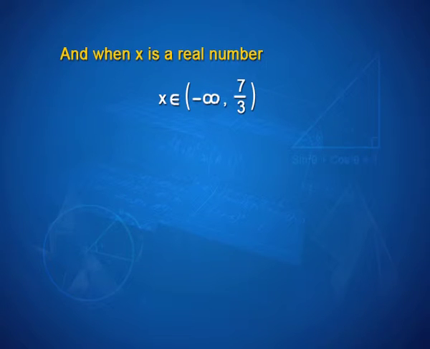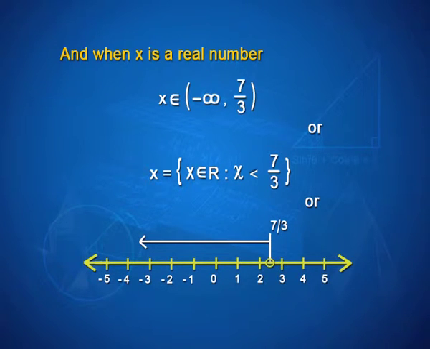In the set form, x belonging to R such that x is less than 7 by 3, and on the number line it would be written as a hollow circle at 7 by 3 and the arrowhead pointing towards the left of 7 by 3, because we are marking the solutions as x less than 7 by 3.